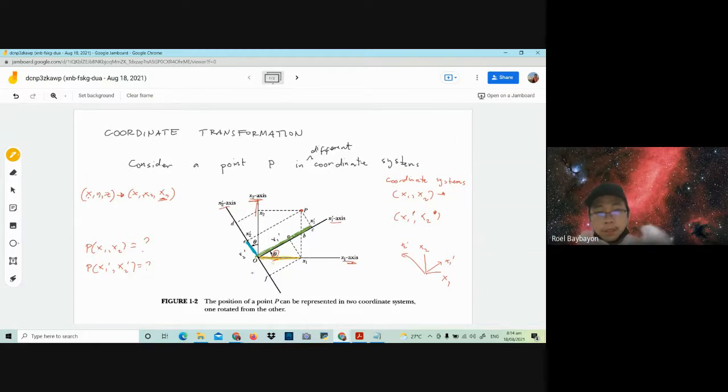This is x1, and my x2 is this one, in red. This is my x2.